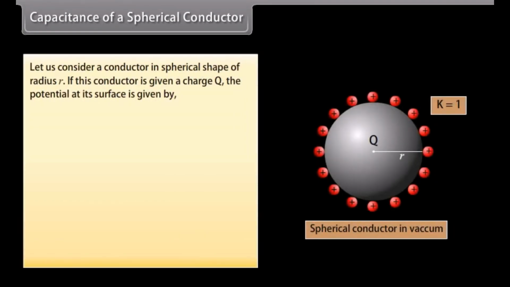Capacitance of a spherical conductor. Let us consider a conductor in spherical shape of radius R. If this conductor is given a charge Q, the potential at its surface is given by V is equal to 1 upon 4 pi epsilon not multiplied by Q upon R. It can be written as Q is equal to the product of 4 pi epsilon not R and V. We know that Q is equal to CV.